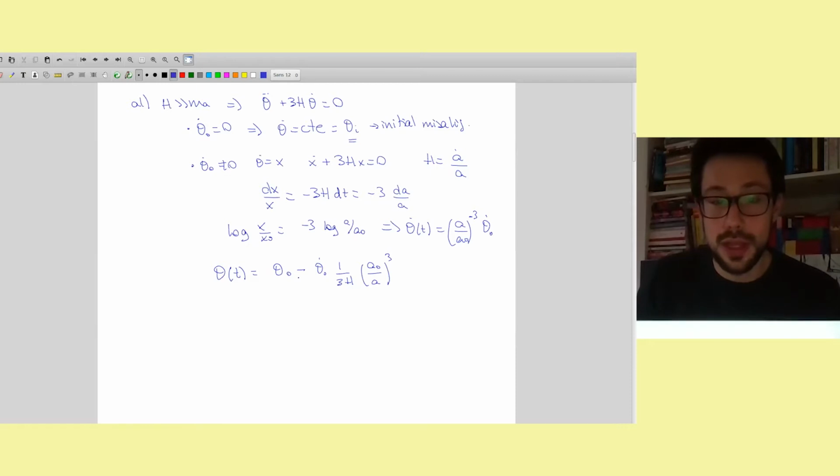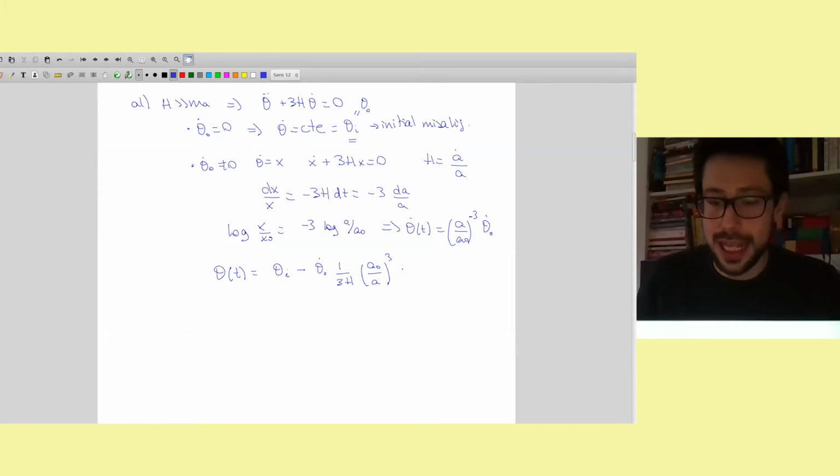Sometimes I will use I, but sometimes I will also use theta 0; I will try to keep it consistent. This is telling us that even if I start with some velocity, it will soon be redshifted, and in the end the axion will be frozen.